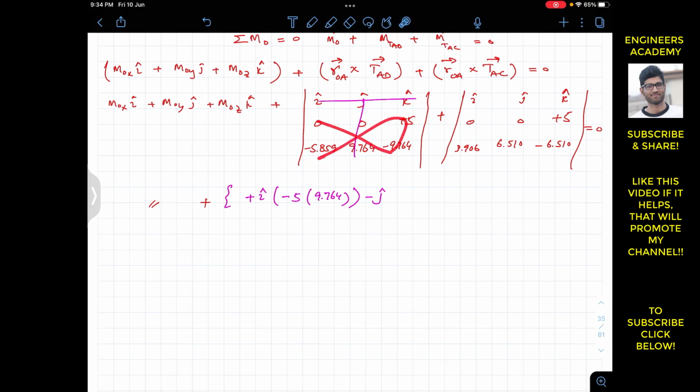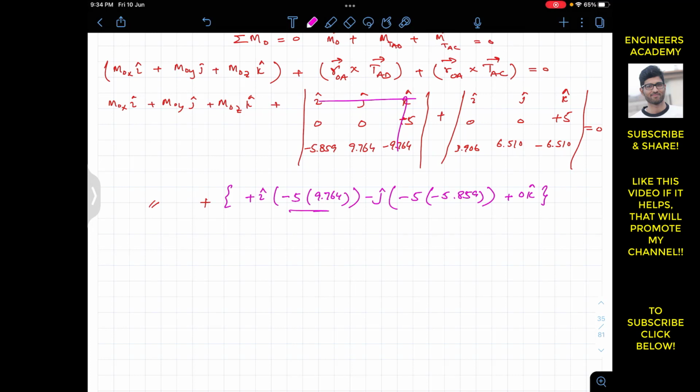So this is 0 minus this, so minus 5 into minus 5.859, and then for k, that is plus k, and this will become 0 minus 0. So with k we will have 0k. This is plus 0k.